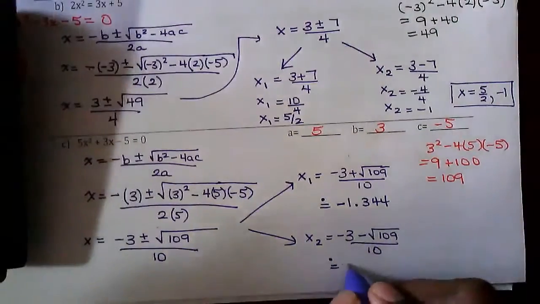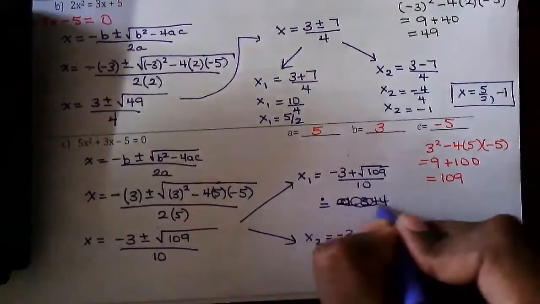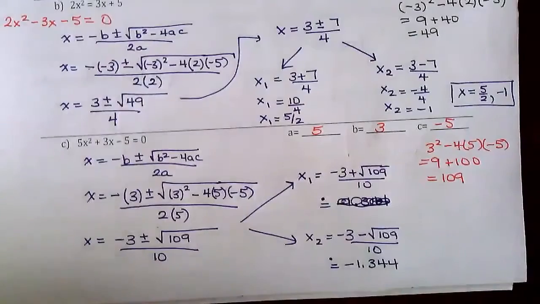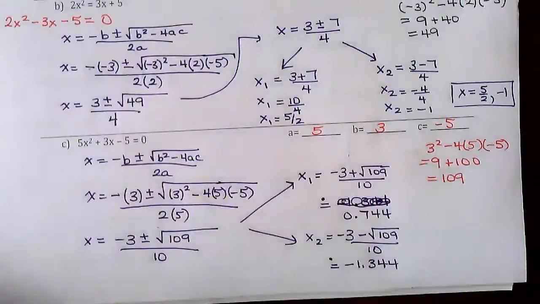Sorry, I messed up. This is negative 1.344 approximately. And this up here, negative 3 plus root 109 divided by 10, is 0.744. Okay, so you should be able to get those values in your calculator.